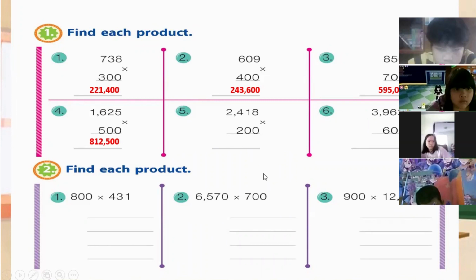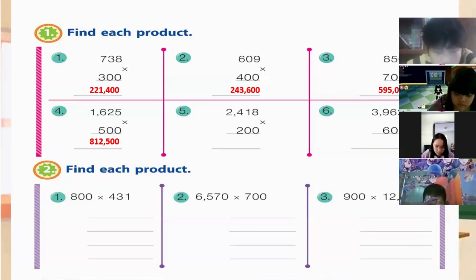Question number 5, 2,418 multiplied by 200. Did you find the answer, student?